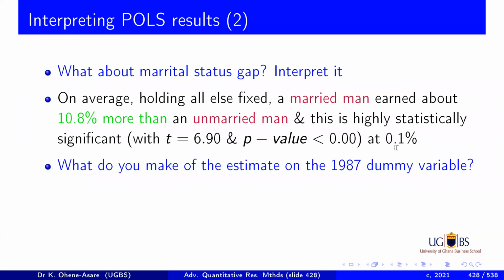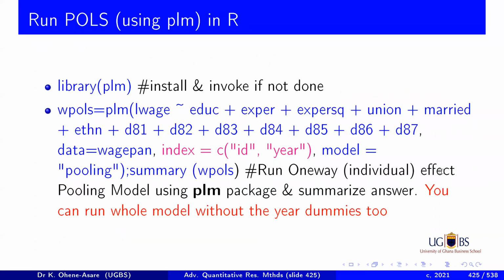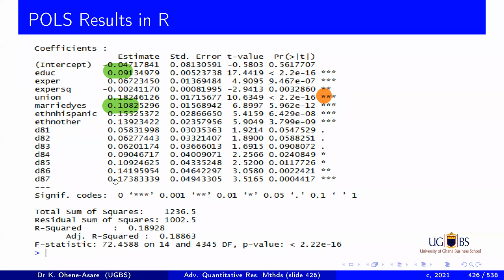Now I'm going to ask you something very tricky, very thinking. What do you make of the estimate of the 1987 dummy variable? Remember, in this analysis we included a lot of dummy variables, and this is one of them, the 1987 dummy variable.